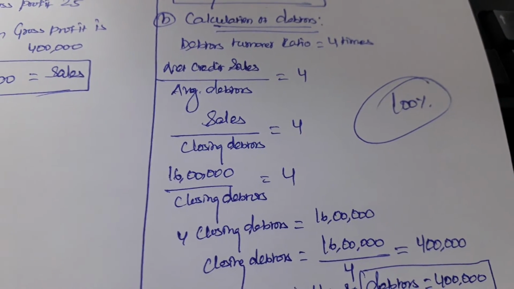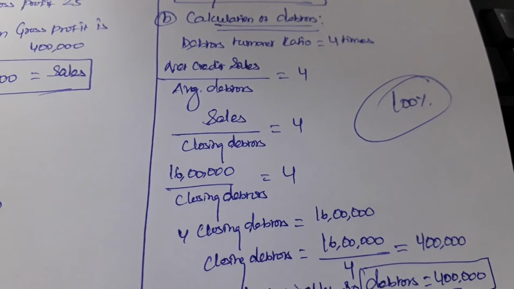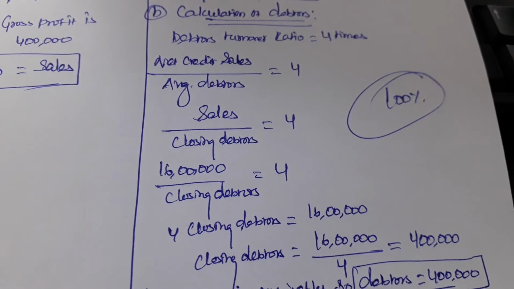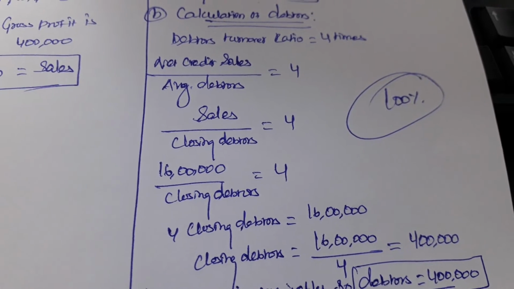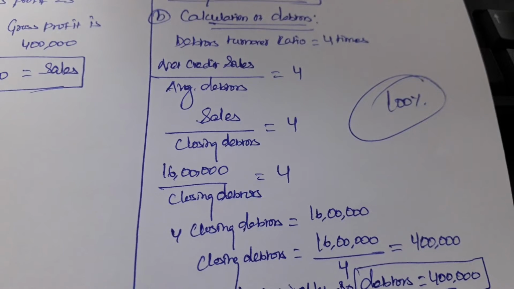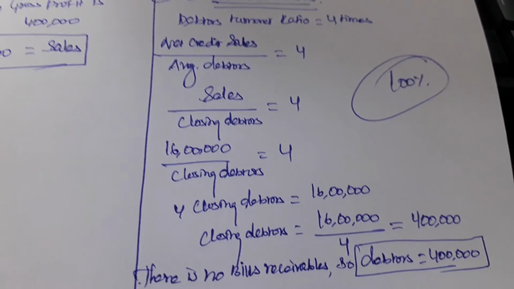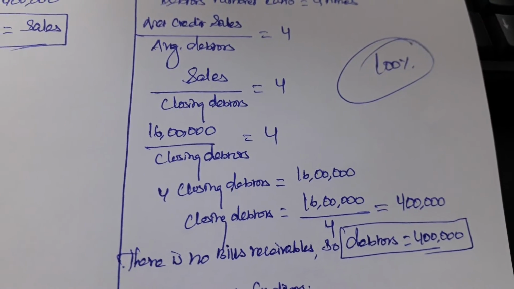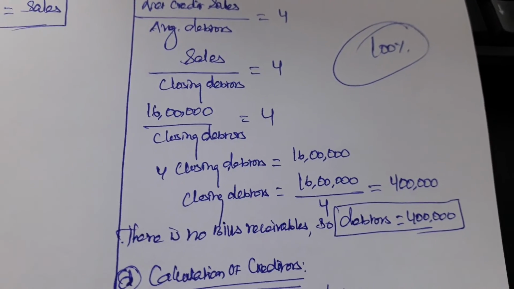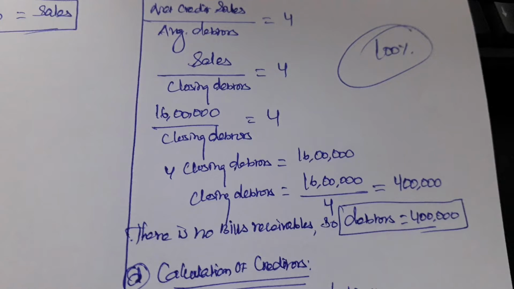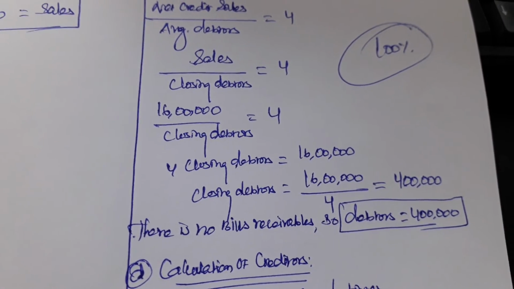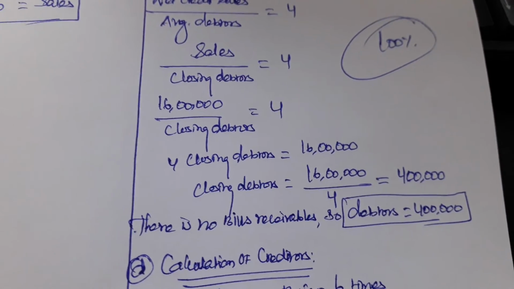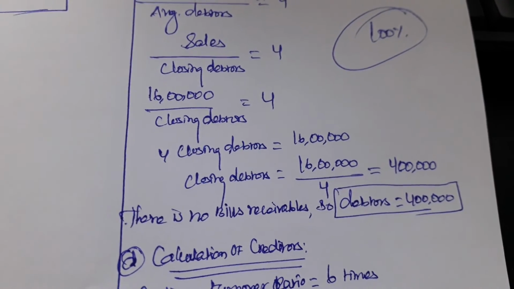We have calculated the sales value as 16 lakh, and we don't know the closing debtors; that is equal to 4 times. If you cross multiply, we get closing debtors as 4 lakh. Closing debtors means debtors plus bills receivable. But we don't have bills receivable, so we directly take debtors as 4 lakh.